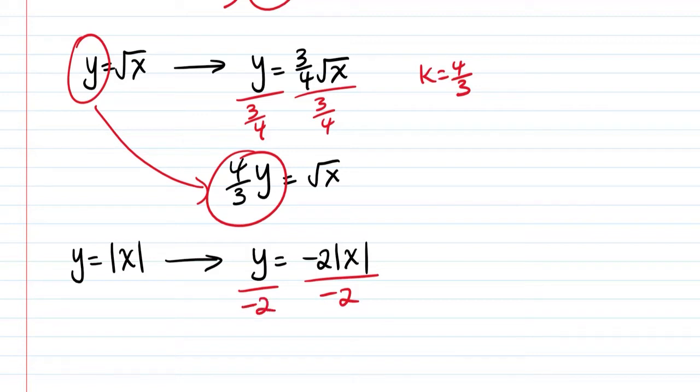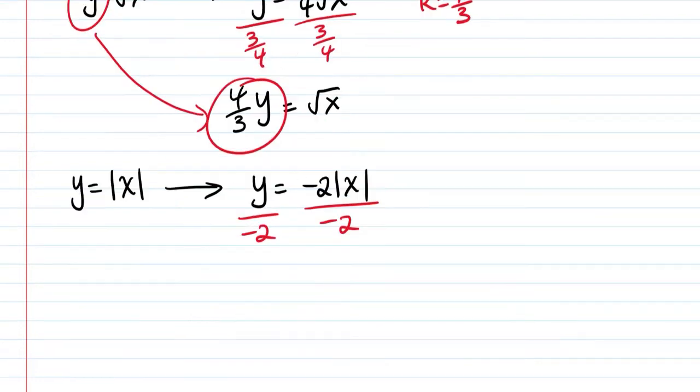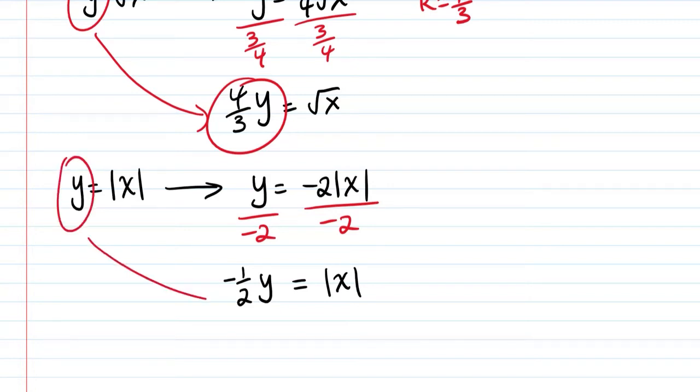Divide the equation by negative 2 and write k as a negative number. So negative 1 over 2y is equal to absolute value of x. So y becomes negative 1 over 2y. So the k is negative 1 over 2.